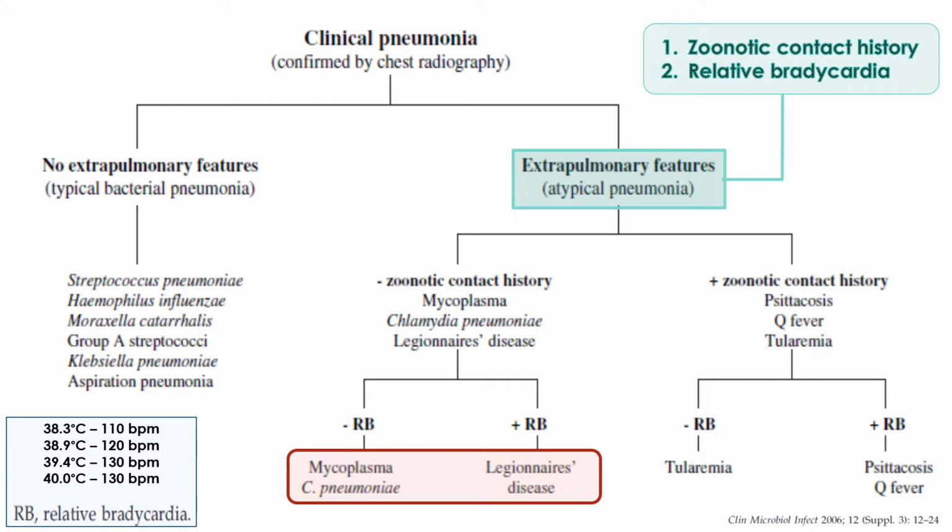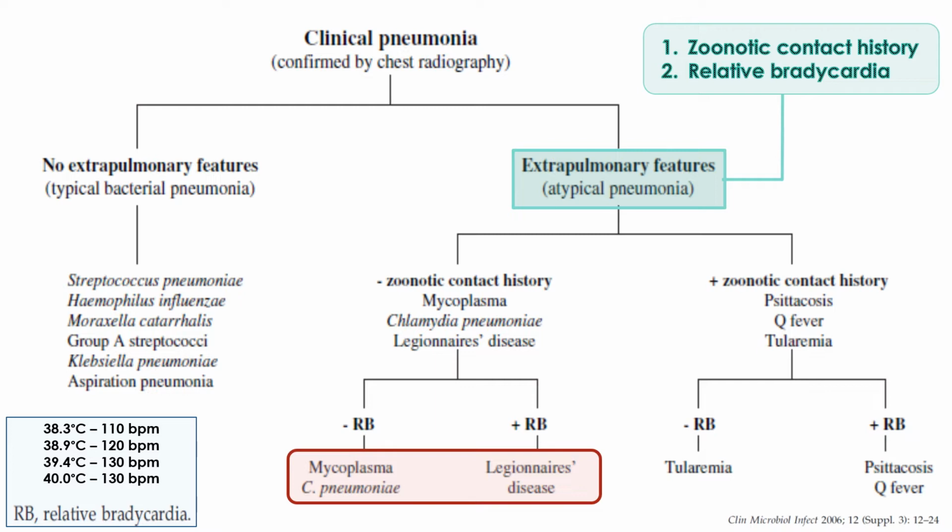But if the patient has a zoonotic contact history, you should ask about this history with specific questions. For example, psittacosis is caused by Chlamydia psittaci, found in animals like parrots and macaws. If the patient had exposure to this type of animal before the onset of symptoms.